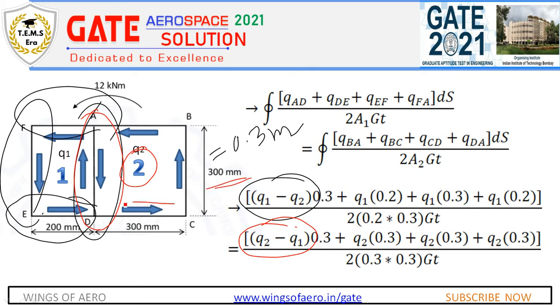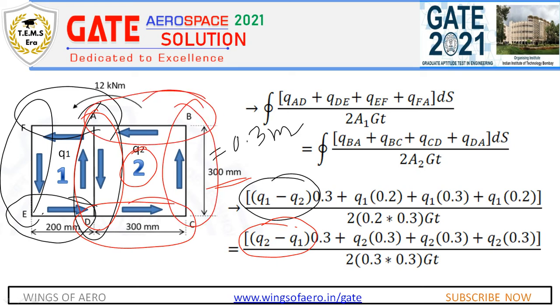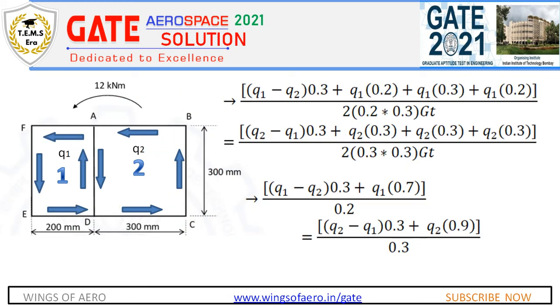Similar way we will find the DC, the BC and the BA, where all the perimeters remain the same, that is 0.3 each, and also the shear flow is Q2, and we have substituted the area A2 as 0.3 into 0.3.